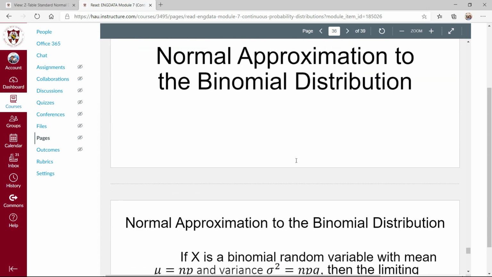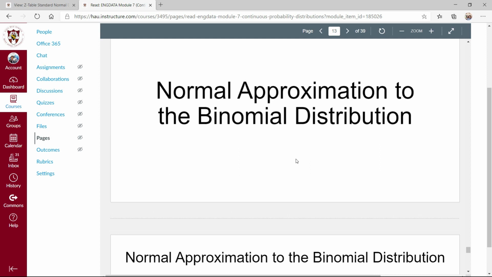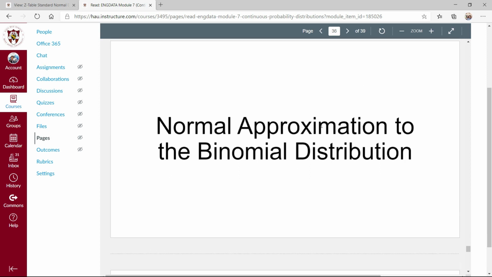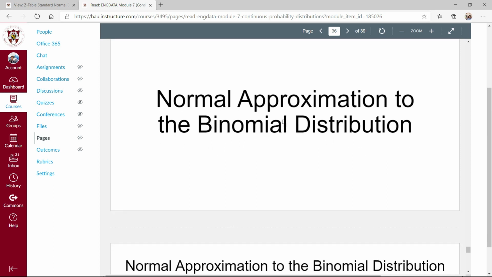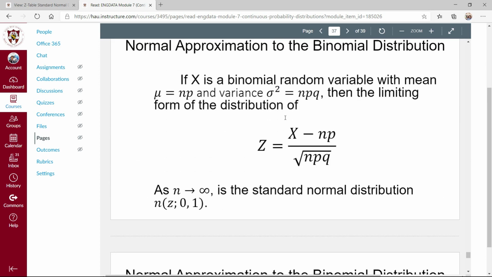Okay, now regarding normal approximation to the binomial distribution, recall that the probability of success is P and the probability of failure is letter Q. In the binomial random variable, the mean is equivalent to n multiplied by P, where n is the number of samples and P is the probability of success.